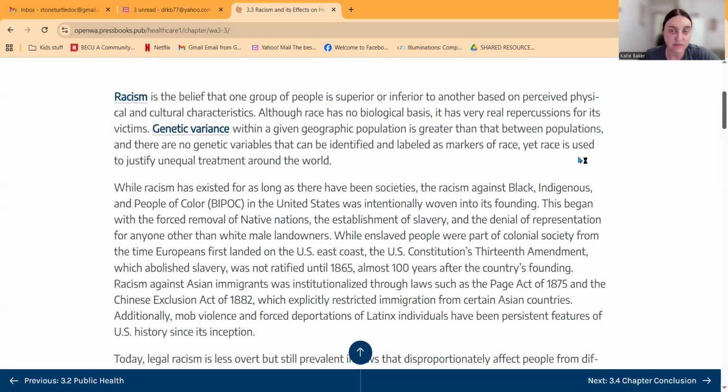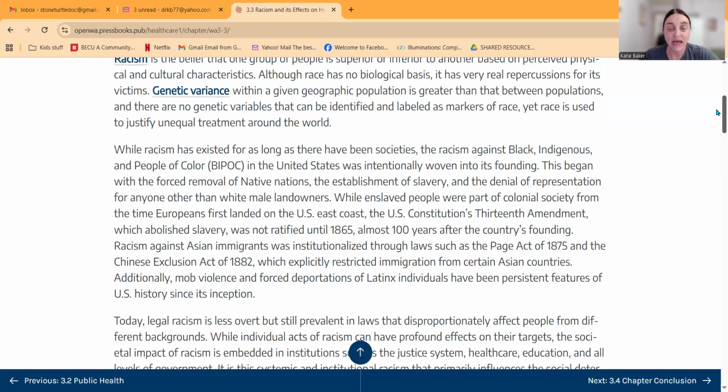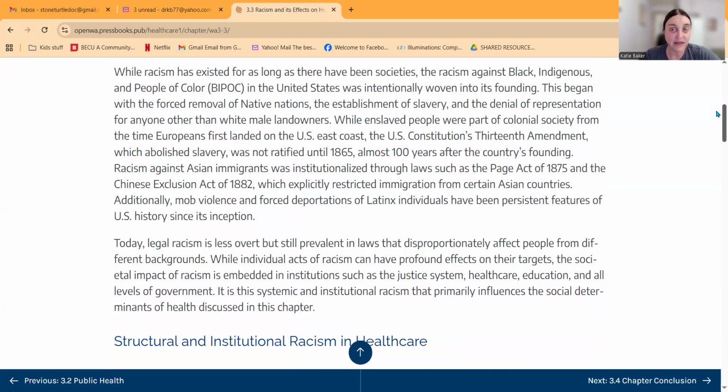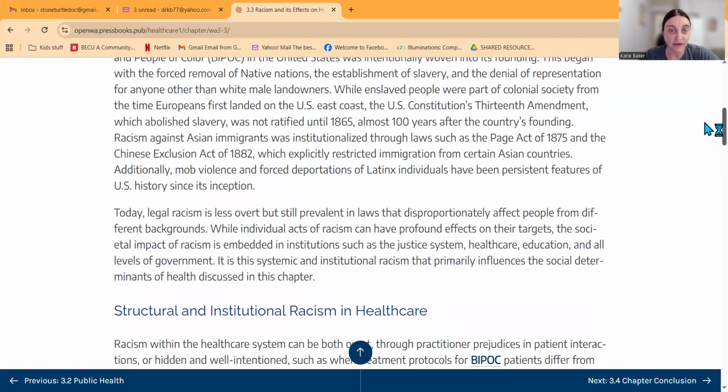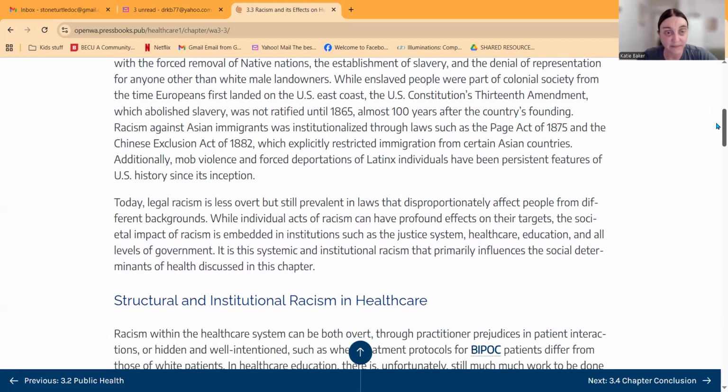Now, we're going to have just a brief bit of information about historical racism and institutional racism in the United States, including some things like the 13th Amendment, the Chinese Exclusion Act, and slavery since before colonization.